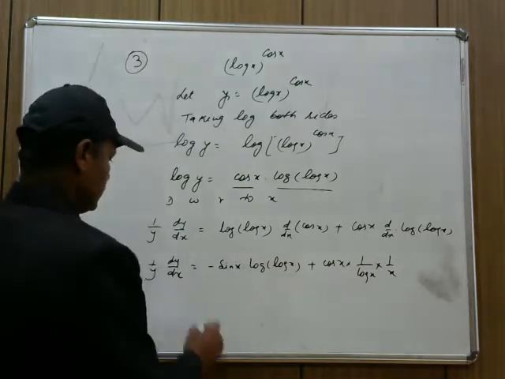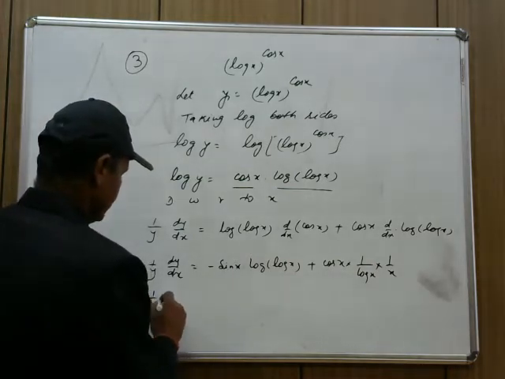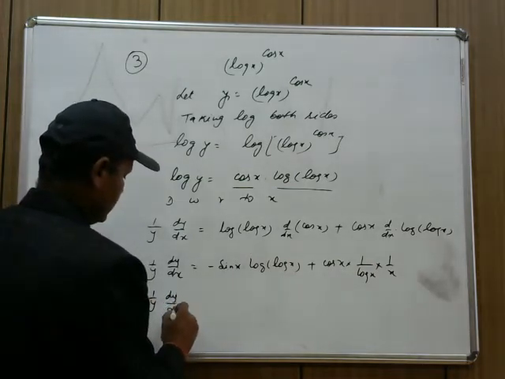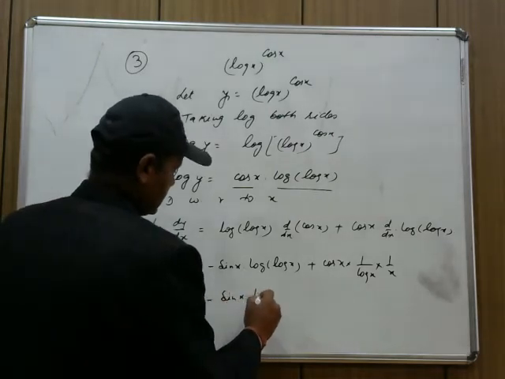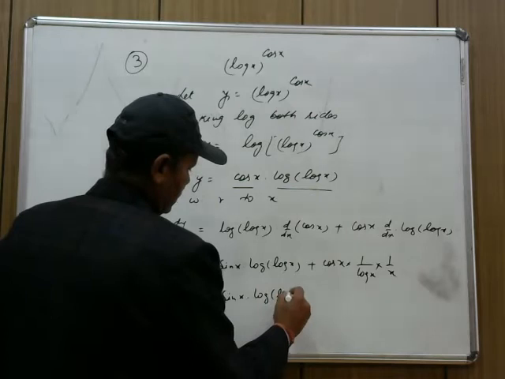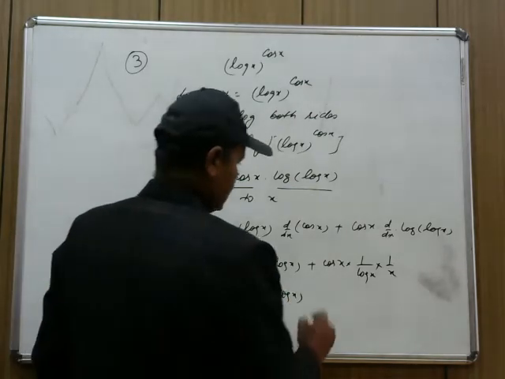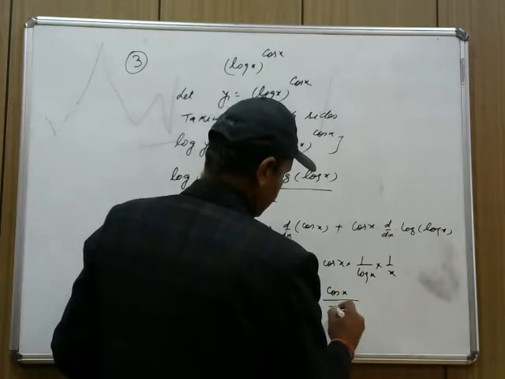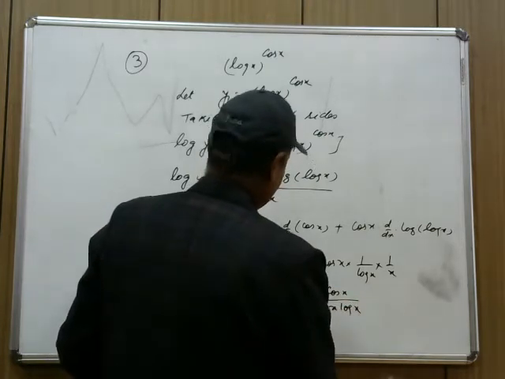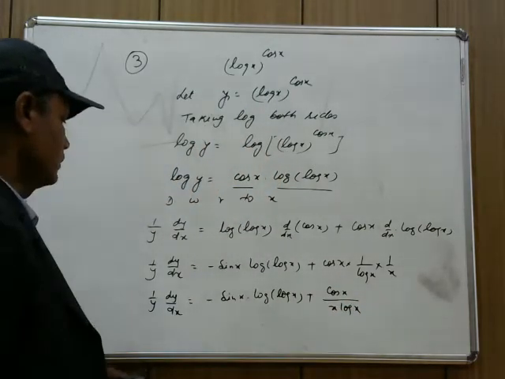Therefore, 1 by y into dy by dx is equal to minus sin x into log of log x plus cos x upon x log x. We'll go one line ahead.